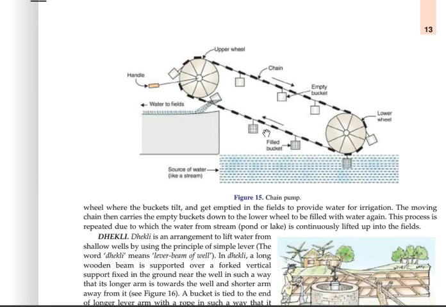In earlier days, for irrigation purposes, a belt is applied on two axles and some buckets are connected to the belt.